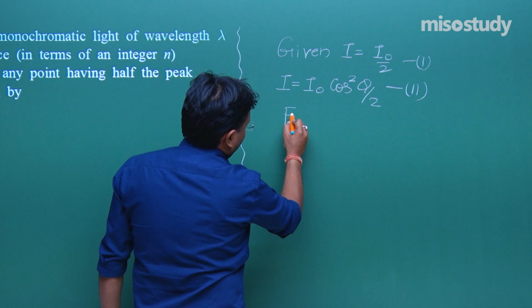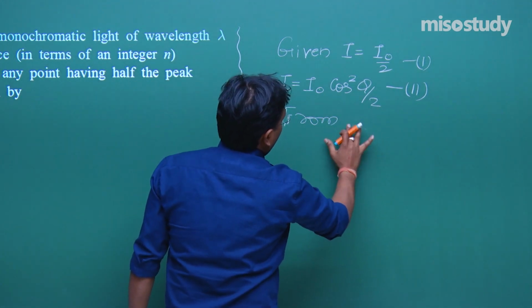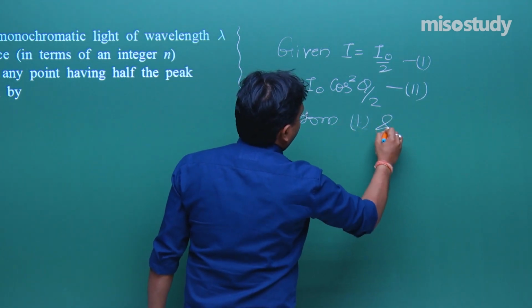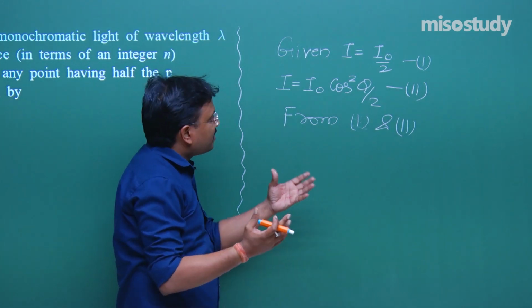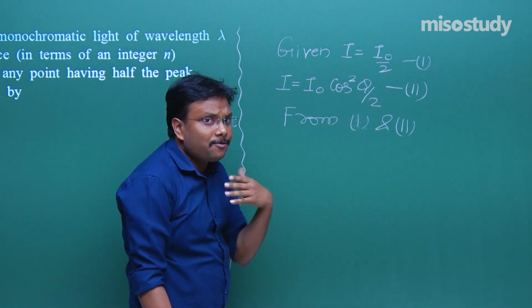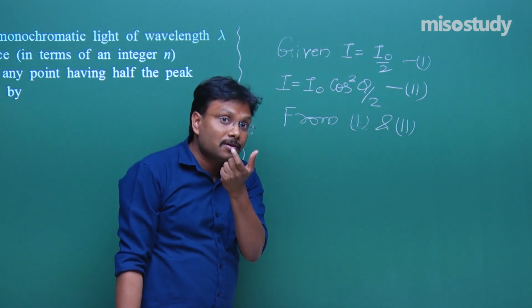Now from 1 and 2, what exactly are we trying to find out? Basically, we are trying to find the value of phi. If phi is with us, then very easily we can find out the path difference.